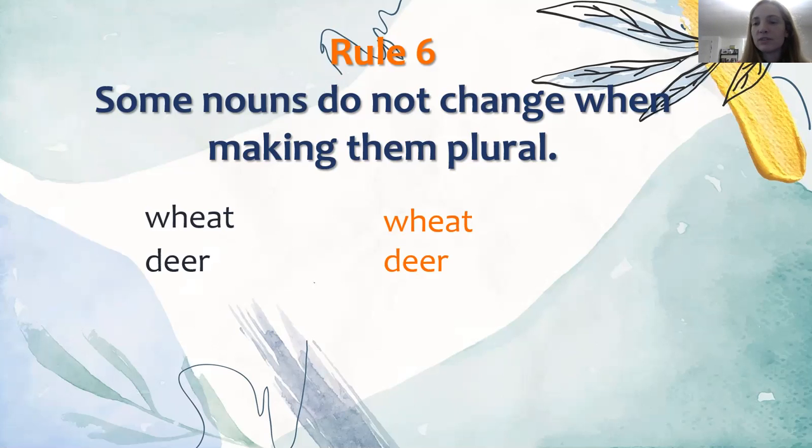Deer, like I told you, stays deer. Fish will stay fish. Corn will also stay corn. So these will not change the spelling. They will stay this way, whether you talk about 1 piece of wheat, 2 pieces of wheat, 1 deer, 2 deer, 1 fish, 2 fish, 1 corn, 2 corn.